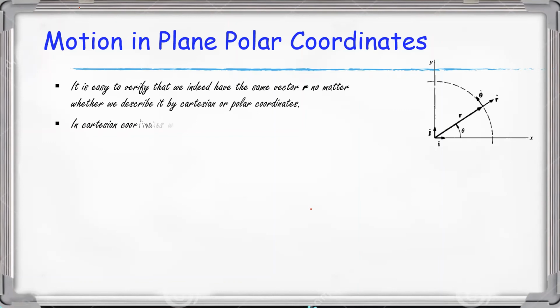In the Cartesian coordinate system, the vector r can be expressed, from the figure, with components x and y, so r must be equal to x i plus y j.